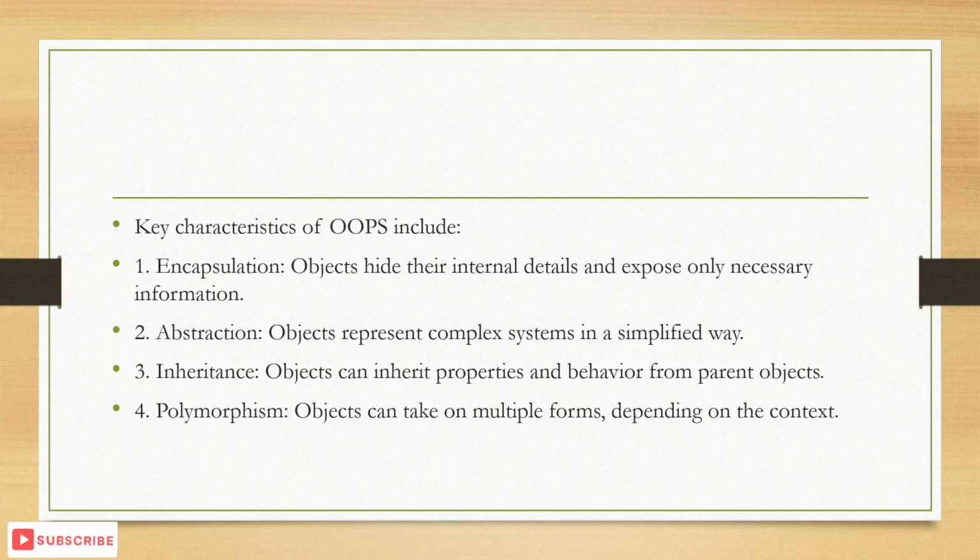Inheritance: objects can inherit properties and behavior from parent objects. And polymorphism: objects can take on multiple forms depending upon the context. Okay, so here I have just mentioned some definitions in brief. Nothing to worry. In my upcoming videos, we will learn in depth about these topics.